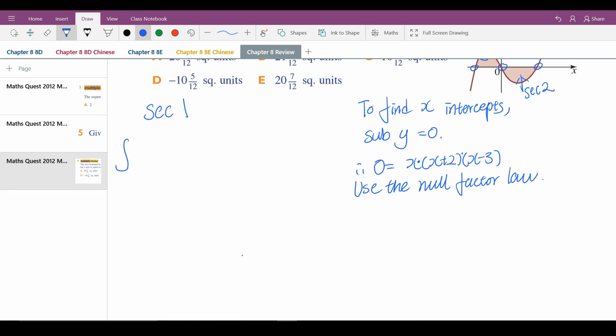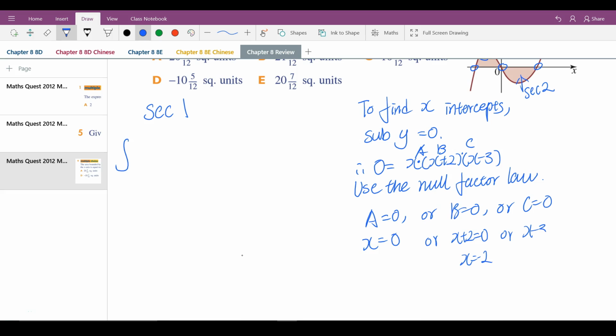So we got A, B, C here, and they multiply each other to give you 0. So either A is equal to 0, or B is equal to 0, or C is equal to 0. So we do it for each one. So x is equal to 0, or x plus 2 is equal to 0, therefore x is equal to negative 2, or x minus 3 equal to 0, that means x is equal to 3.